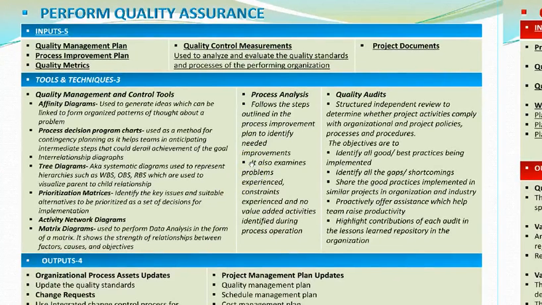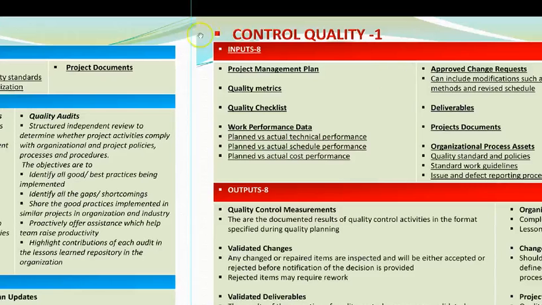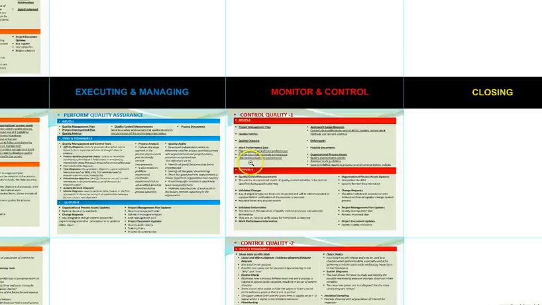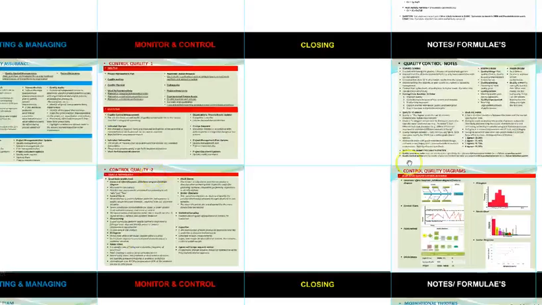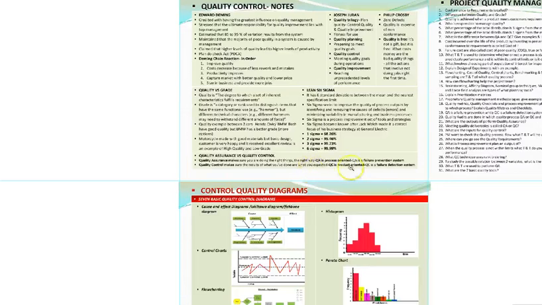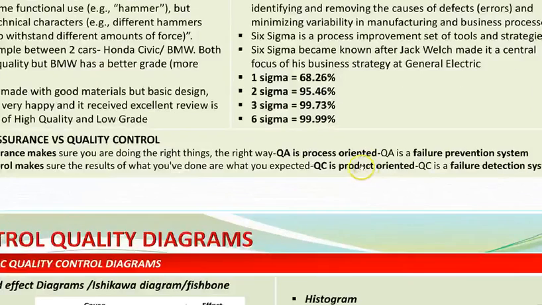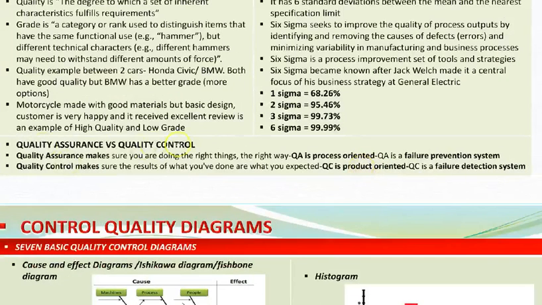So we have to understand what is perform quality assurance and what is perform quality control. Now, if you look over here, quality assurance versus quality control, what's the difference between these two? A lot of times people get confused.